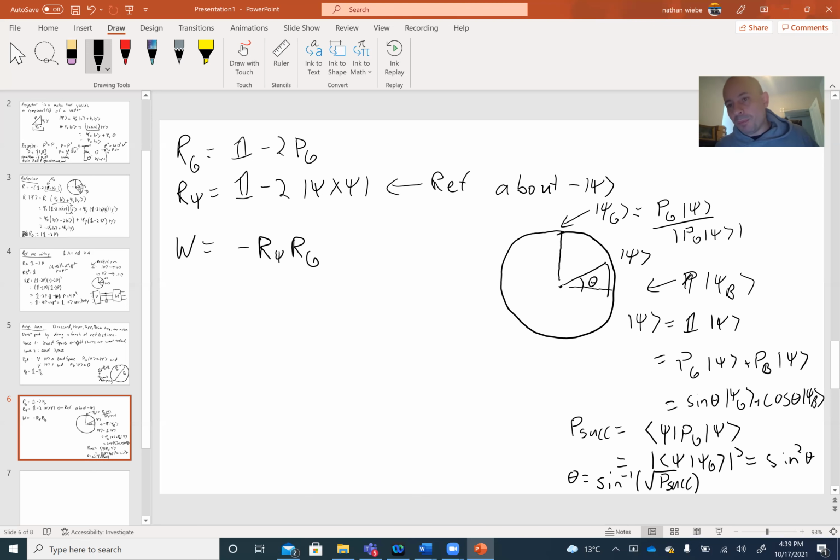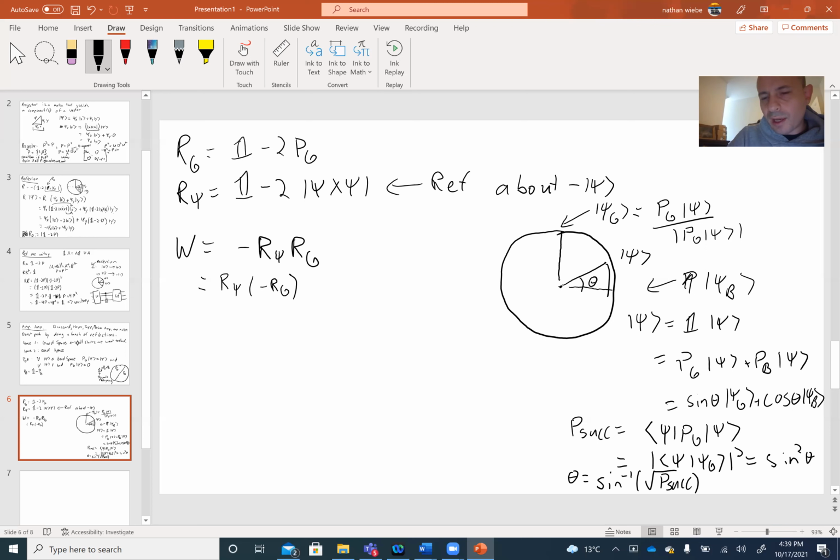All right, wonderful. So this is how the algorithm works. Now let's actually go through it step by step. I'm going to, for our purposes, write this as R psi first, negative RG.